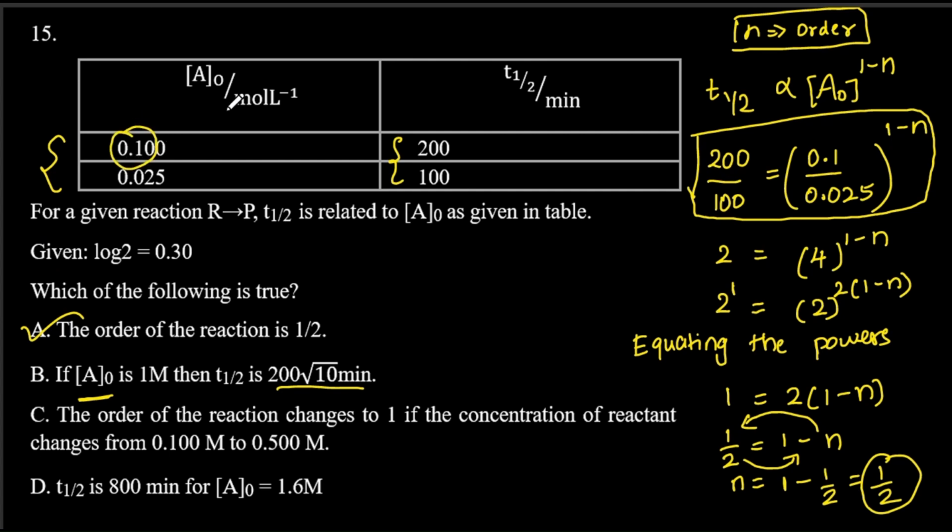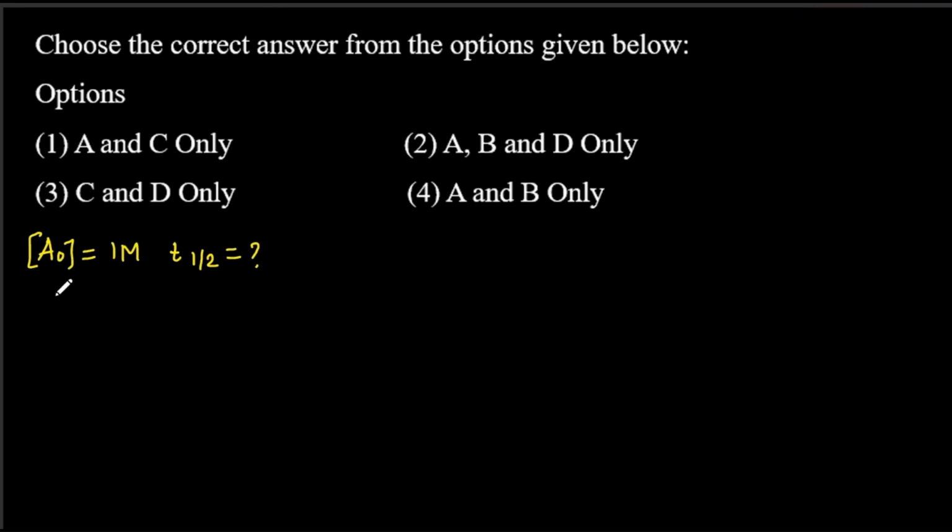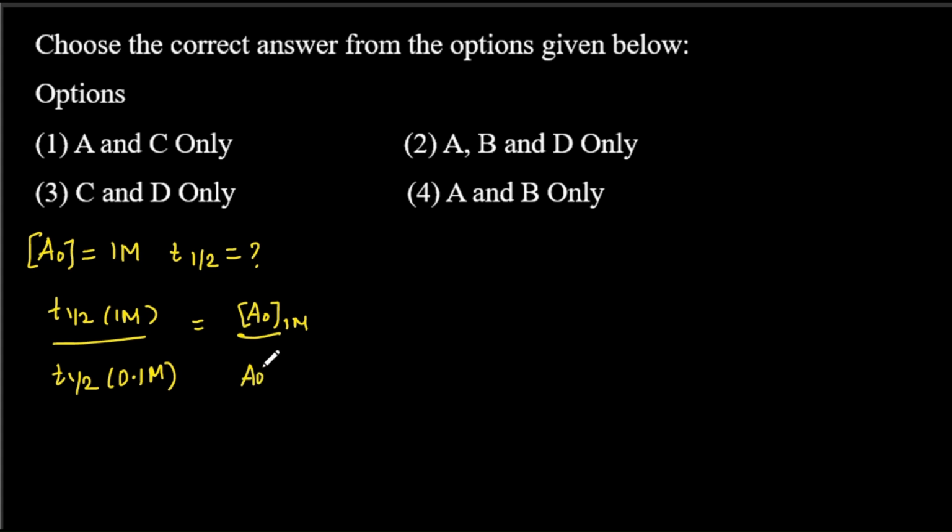If the concentration is 0.1, then the T half is 200. So T half when the concentration is 1 M divided by T half when the concentration is 0.1 M is equal to the concentration 1 M divided by 0.1 M whole power 1 minus N. The N value we got as 0.5, so 1 minus 0.5 is nothing but 0.5.